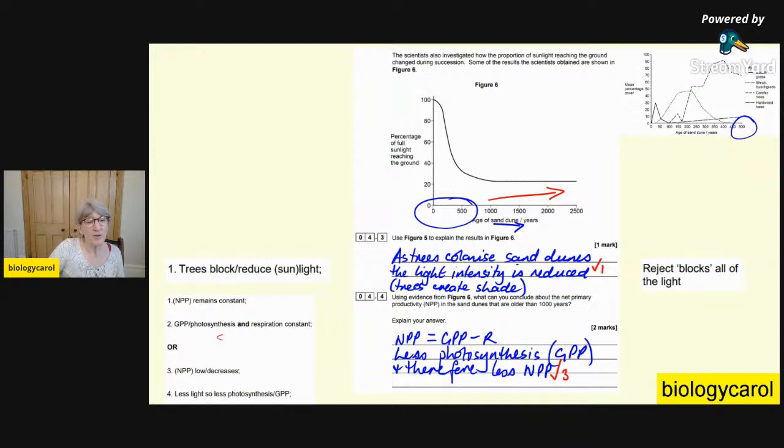I got mark point 3 for saying that NPP decreased. Notice I didn't get mark point 4 because I didn't say that less light means less photosynthesis. I'd written it up here, so I thought that mark had gone. My equation didn't get me a mark, but for the length of time it took me to write it, I'd always write it as the first thing.